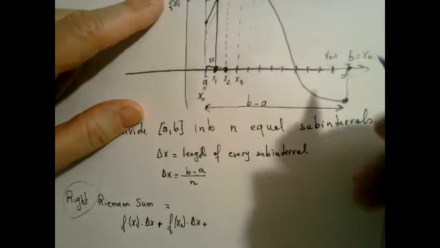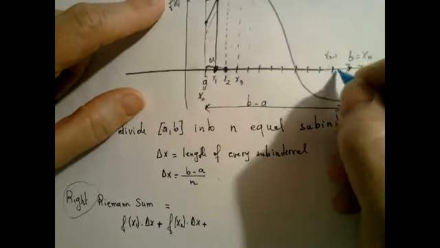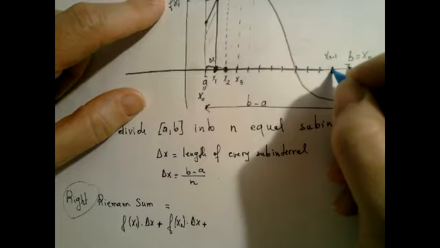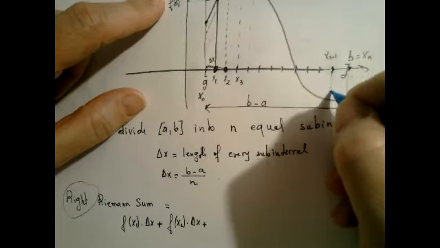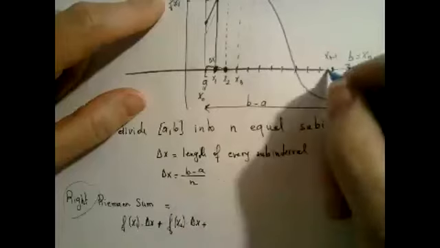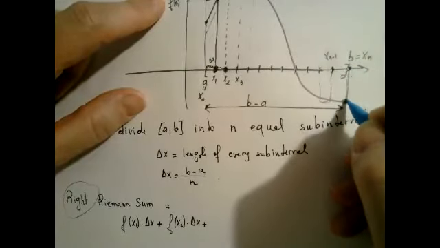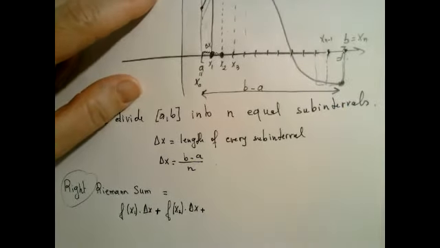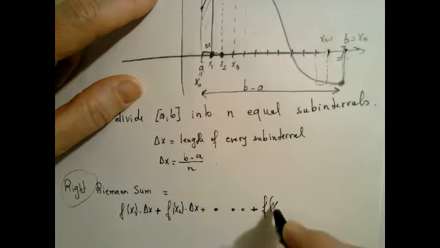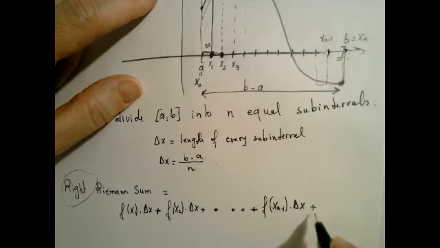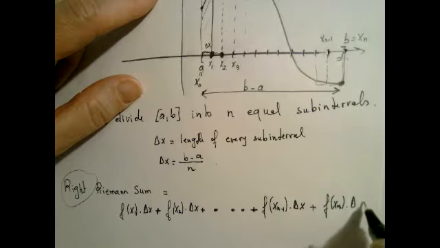Since I'm doing this on every subinterval, at some point I'm going to be here. So I'm going to take f of x n minus 1 times delta x. And finally, I'm going to take f of x n times delta x. So I'm going to keep adding. The last two will be f of x n minus 1 times delta x plus f of x n times delta x.